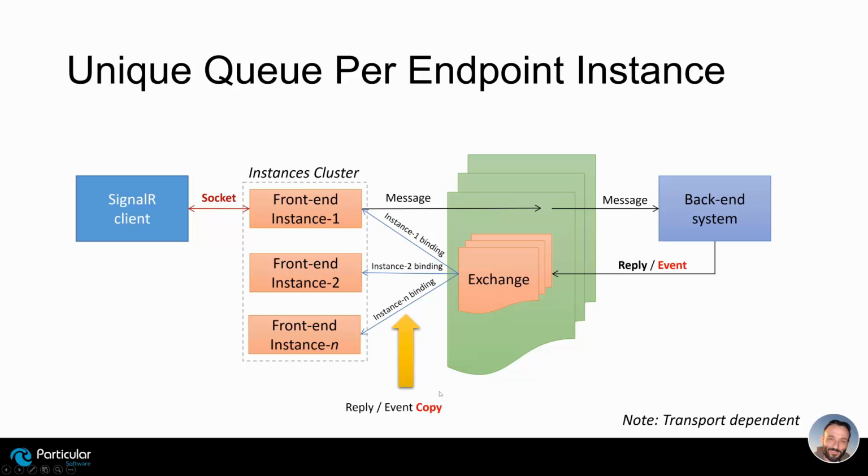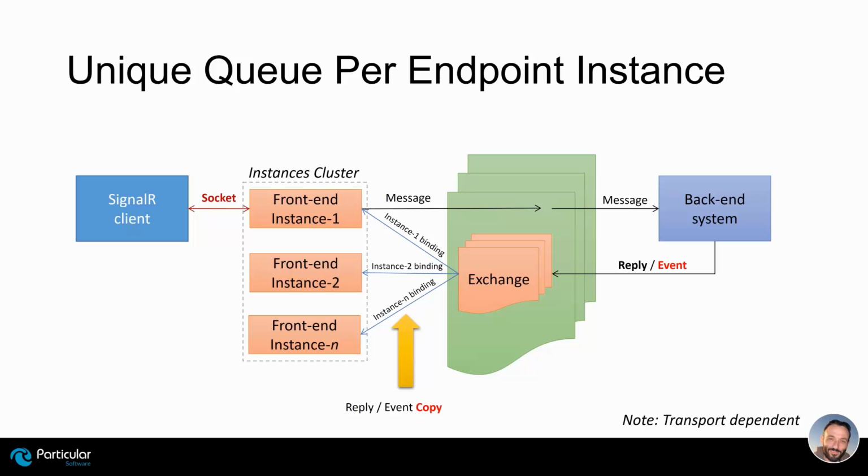So from the backend system point of view, an exchange is a queue. The backend system is sending the reply back to the exchange and is looking at the exchange as a single queue transporting a message. From the front-end cluster, what the front-end cluster can do is basically create an input queue for each front-end instance, and that input queue is going to be bound to the exchange.